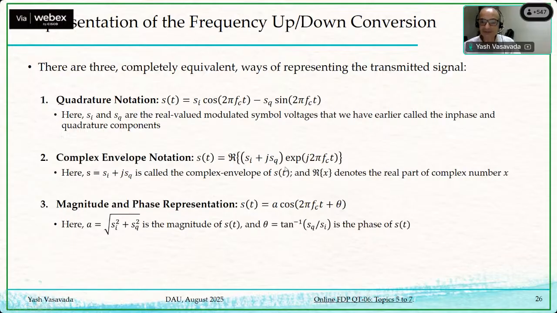S_I plus j S_Q, we haven't defined it yet. We haven't said what it is so far. Okay. So S_I plus j S_Q is going to be defined by our modulation scheme.